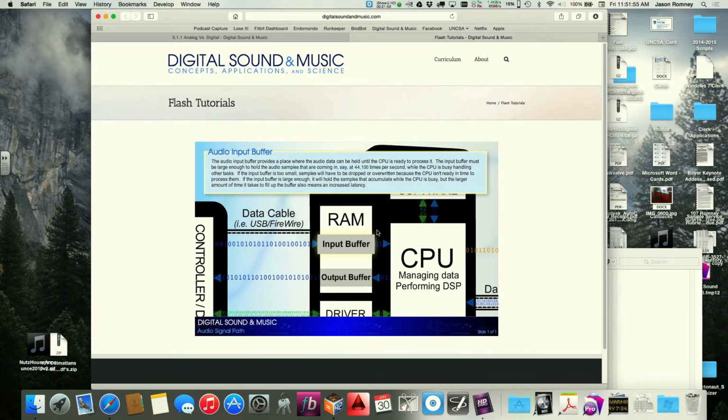Generally speaking, you want very low buffers for recording and very high buffers for playback. Because when you're listening back, the latency doesn't matter, right? The fact that you hit play and a fraction of a millisecond later you hear it, that's not a big deal. But when you're recording, that can be a big deal. So you want as low latency as possible when recording.